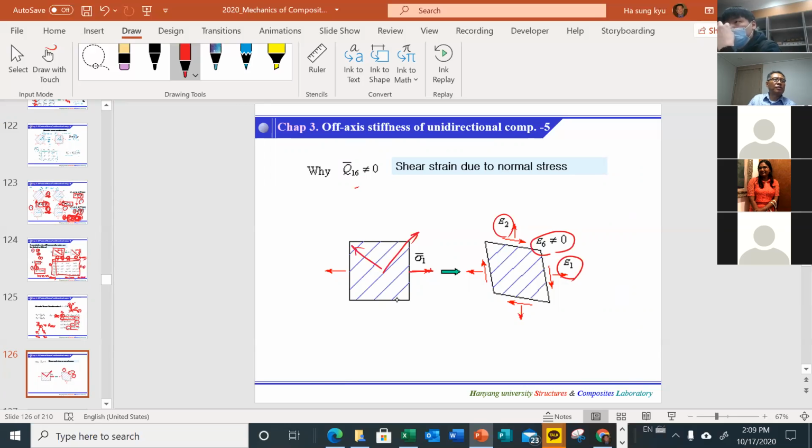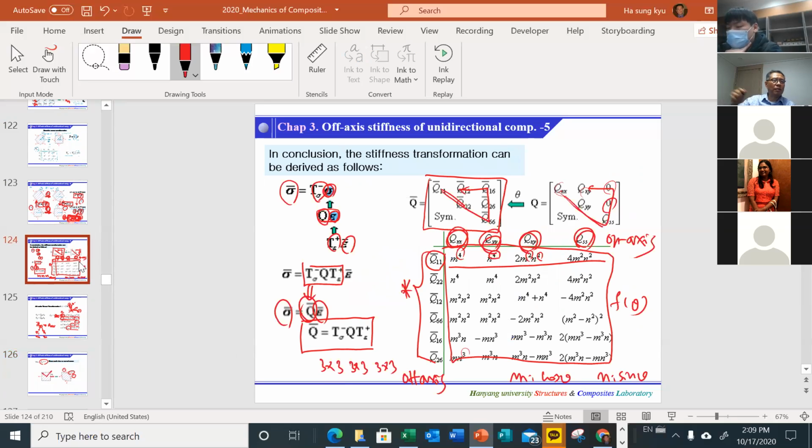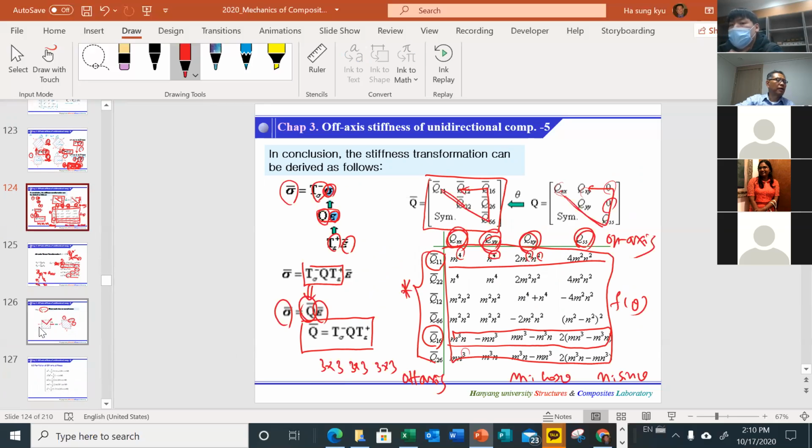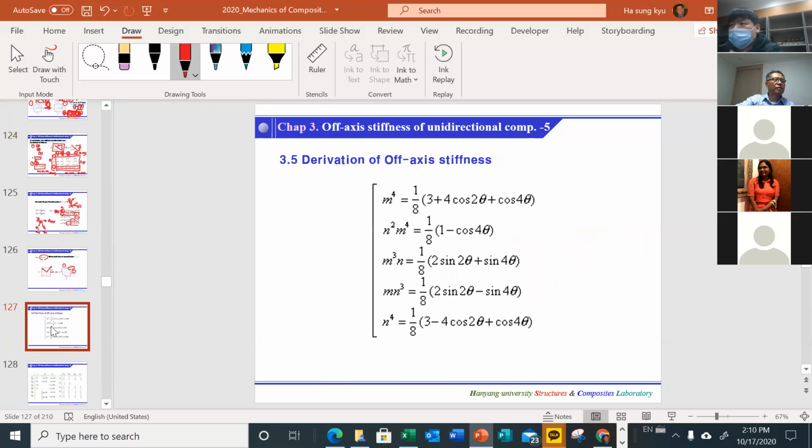That's why epsilon 6 is non-zero. That's why Q16 is given in terms of all these terms. This is important to notice.